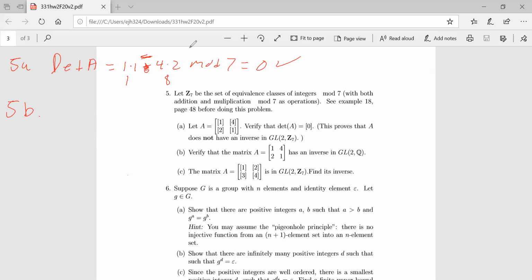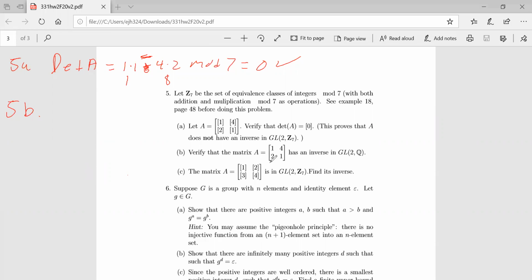Have you guys talked about the general linear group in class? Okay, so yeah, the general linear group is the set of matrices that have determinant 1. So they are, in a sense, the matrices that preserve kind of size in a sense, right?